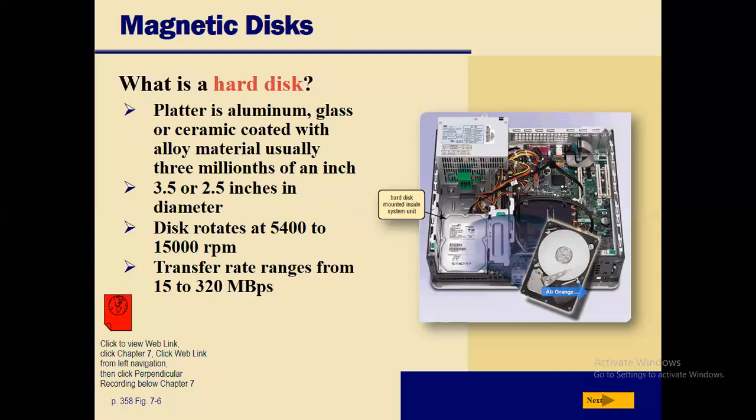Each track is divided into sections, and a sector is the smallest physical storage unit, as we discussed earlier. The files on the hard drive are scattered on the platter in sectors and tracks, where tracks are concentric circles and the pie-shaped wedges on each track are called sectors.